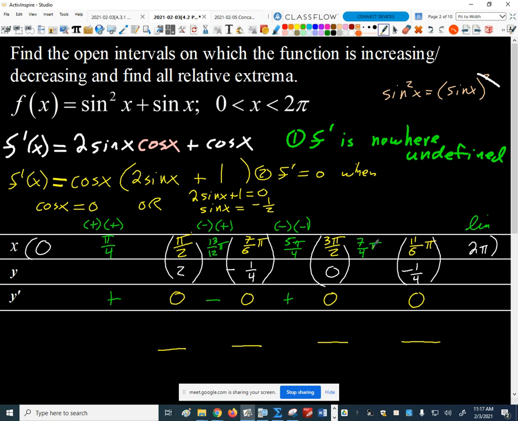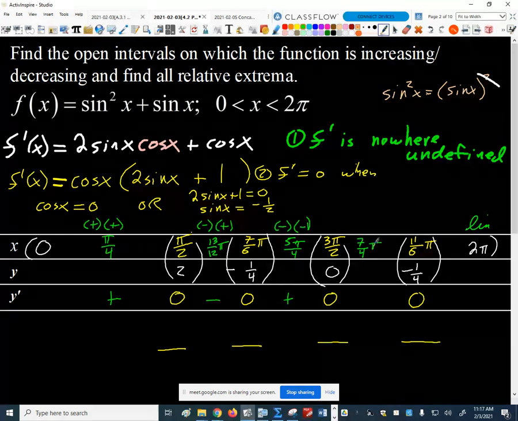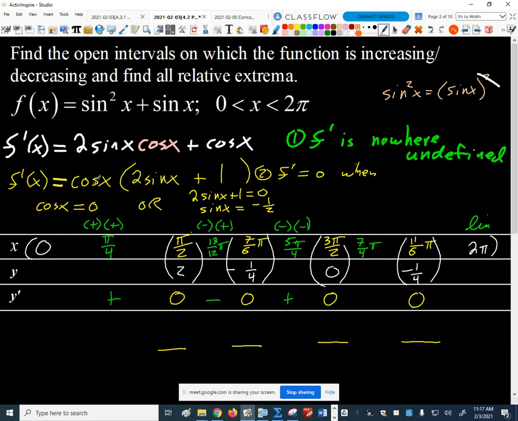And then at 7/4 pi, I'm right in the middle of quadrant 4. So the cosine is going to be positive, right? X is positive there. And this factor is going to have the same value it did at 5/4 pi, which is going to be negative. And so I end up with a negative result. And then what about at 2 pi?